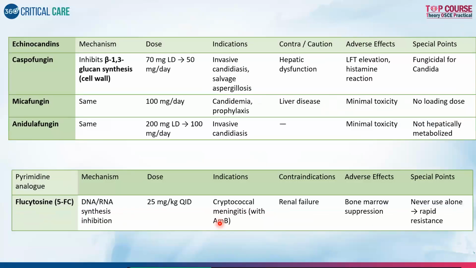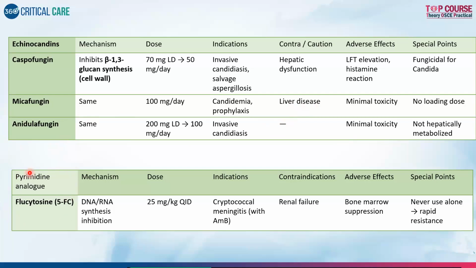And echinocandins, one needs to know that in case of echinocandins, it inhibits the 1,3-glucan synthesis. Anidulafungin, it is one of the most commonly used drugs. It doesn't have any liver or hepatic elimination. So that's the reason why no drug dosing is required in case of hepatic or renal dysfunction. All right.